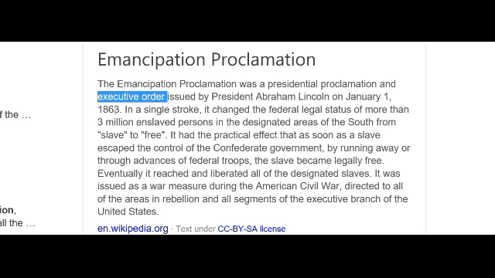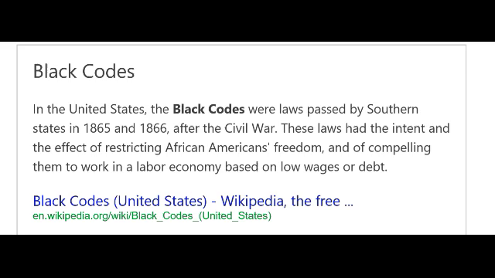In 2 years' time, they came up with the black codes in response. Only 2 years were these laws allowed to be legal. But the southern states' response to the executive order was to create these codes.